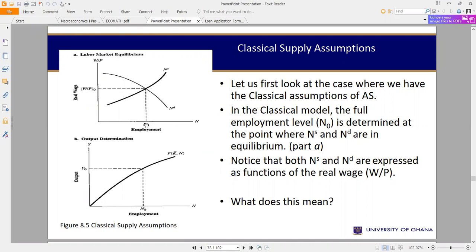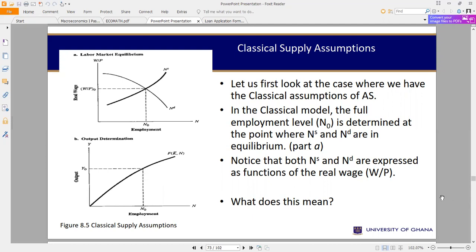If you want to find the output level that will be produced based on this N0, you extend it to the production function. Where it touches the curve, you trace it to Y, and that is your Y0.